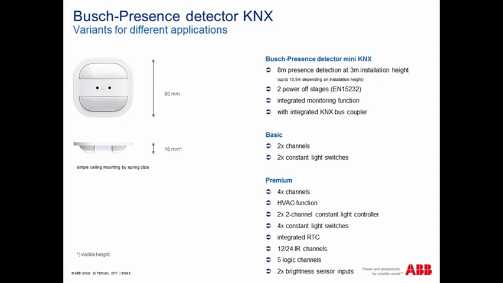The premium also comes with an IR interface with 12/24 channels. 12/24 comes because if you remember our ABB/Busch remote control, you have 10 buttons plus 2 buttons M1, M2, and you can switch the remote control between white and blue channel.